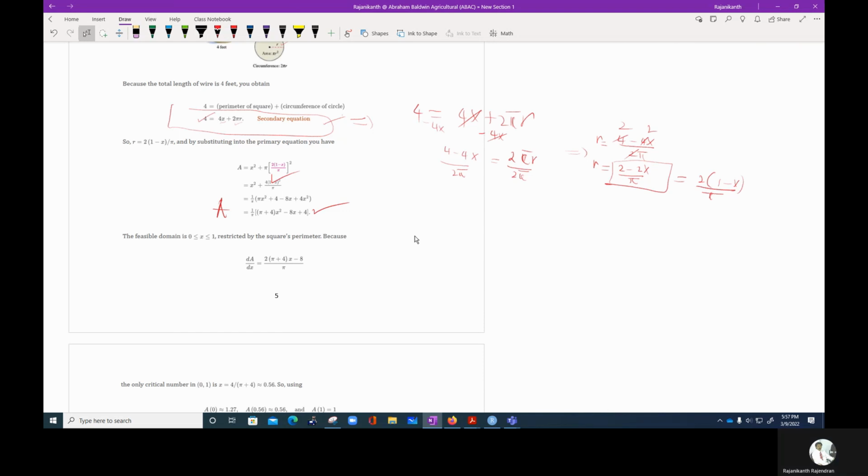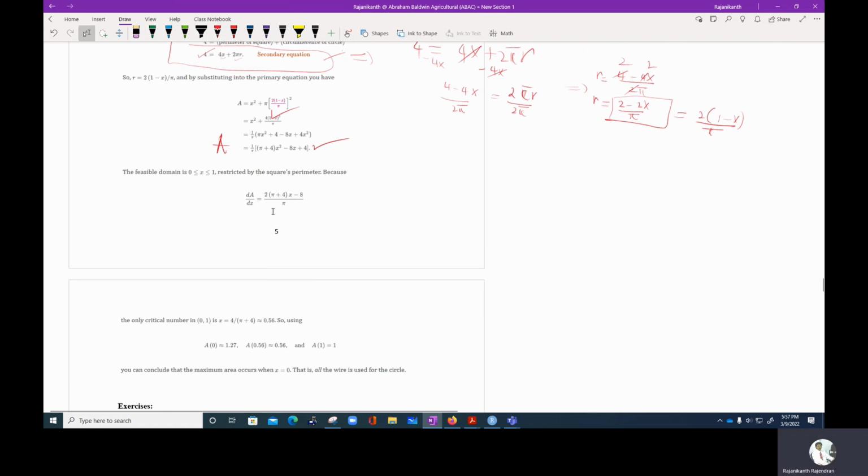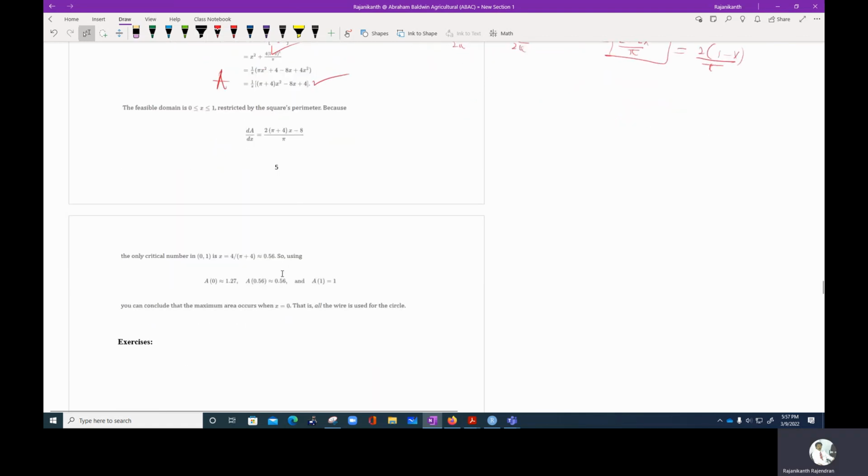Okay, so find the derivative and set it to 0 and find the critical value. Set it to 0 and solve for x. So you will get the critical value as 4 over pi plus 4.